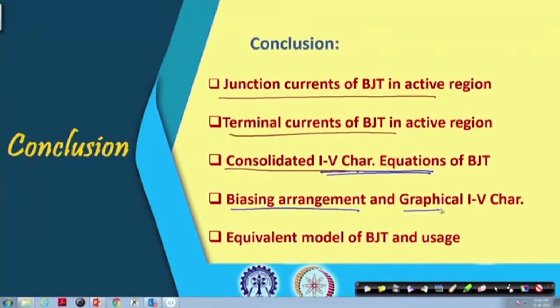We also saw a graphical interpretation of the IV characteristic, and most importantly, we evolved the equivalent circuit or equivalent model of the BJT, both NPN and PNP. We considered a relatively simple example to illustrate how that equivalent circuit can be utilized to solve numerical problems of circuits containing NPN or PNP. I think this information is sufficient to move to the next level, namely amplifier design. Thank you.